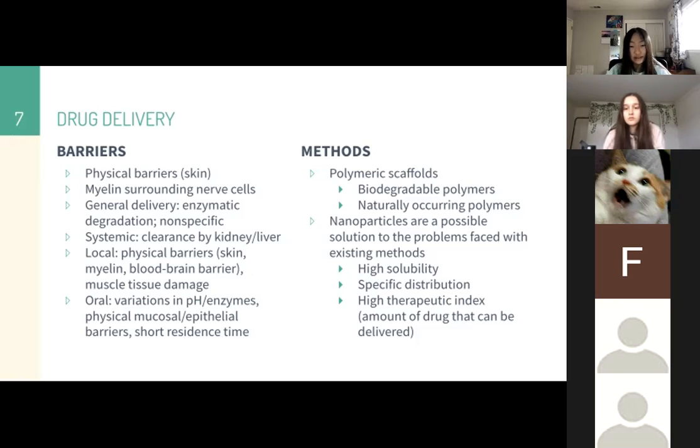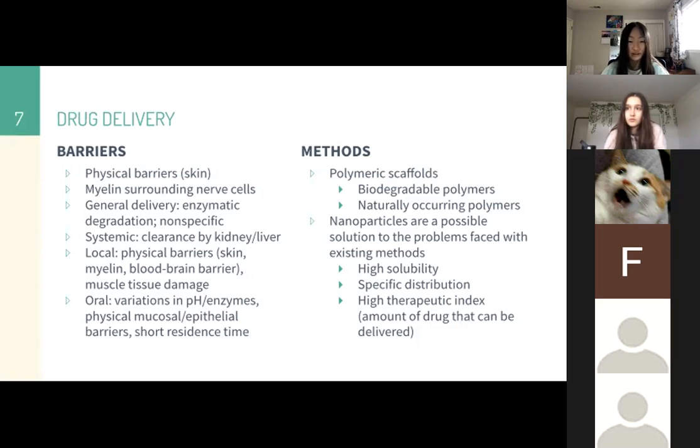And methods for overcoming these barriers are polymeric scaffolds. So, polymeric scaffolds are basically biodegradable polymers, and these are naturally occurring. So, these polymers will basically act as a scaffold that will help the chemical or drug that you're trying to deliver enter the body easily.